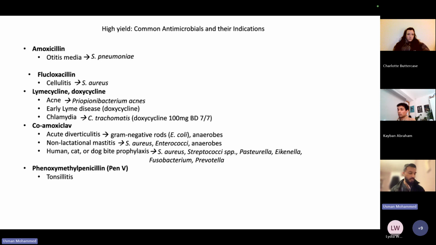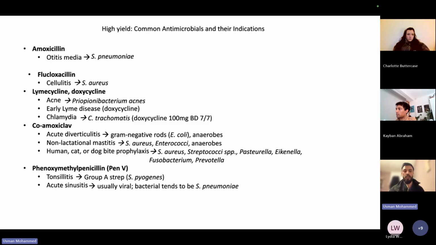Excellent. Tonsillitis, acute sinusitis as well. Though for sinusitis, of course, you want to be aware that it's primarily viral, and bacterial infections tend to be Strep pneumoniae.